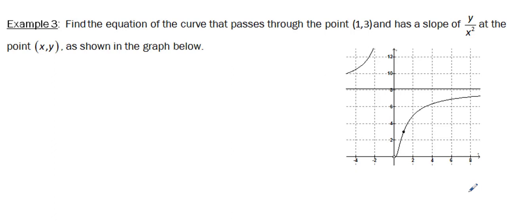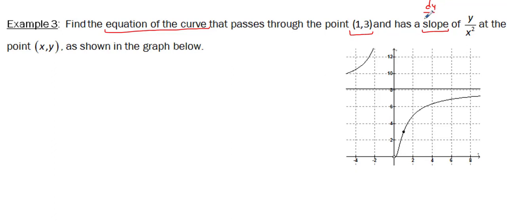Keywords to pick out. Find the equation of the curve. So we need y equals something, right? They gave us an initial point, an initial condition, a point that's on the curve, and has a slope of, slope, what does that mean? Derivative, that means dy dx, right?